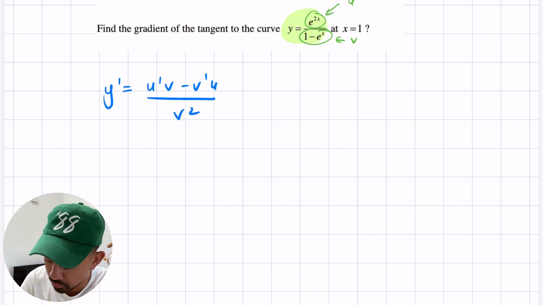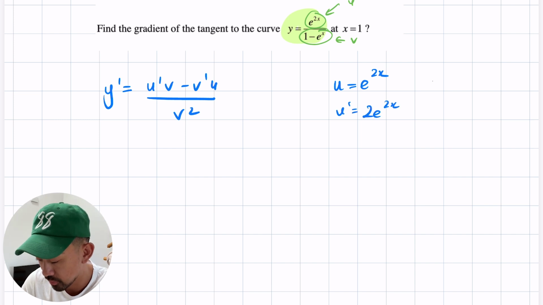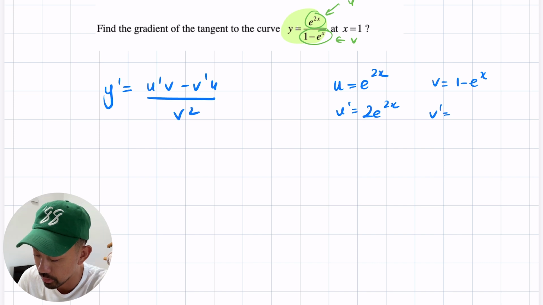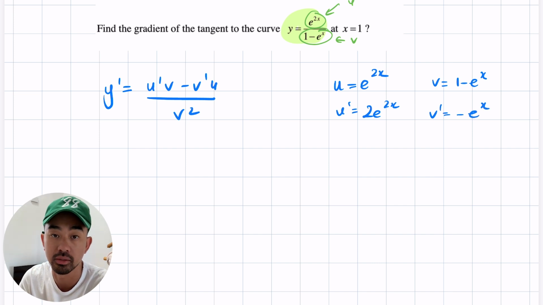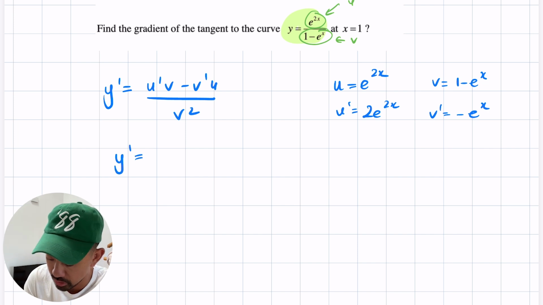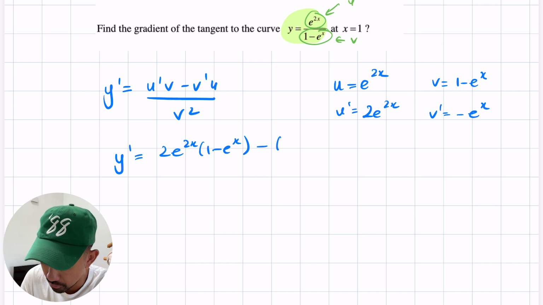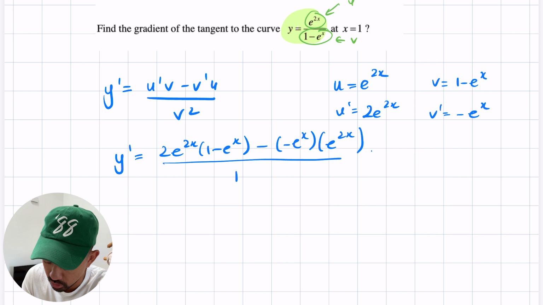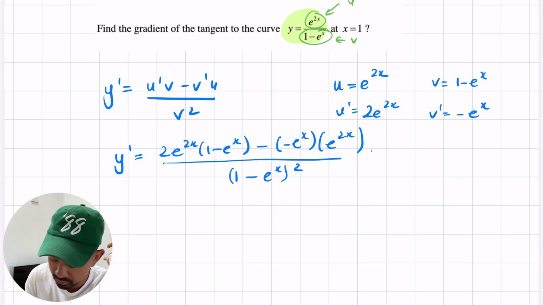So just setting this up, u is e to the 2x, u dash is 2e to the 2x, v is 1 minus e to the x, and v dash is going to be minus e to the x because the 1 just disappears because it's a constant. So bringing this all together, y dash is 2e to the 2x outside of 1 minus e to the x, minus e to the x outside of e to the 2x, like that, all over v squared. So that's 1 minus e to the x all squared.